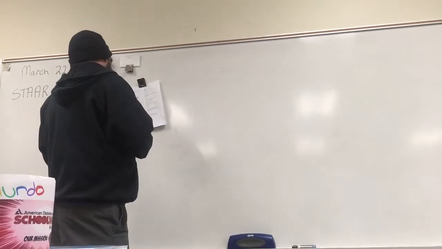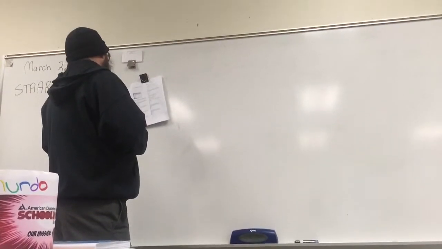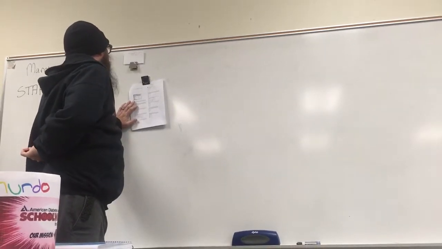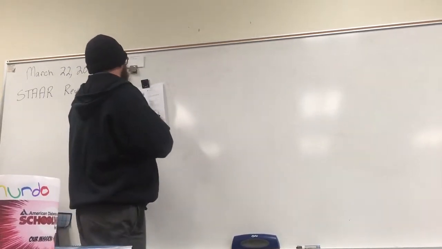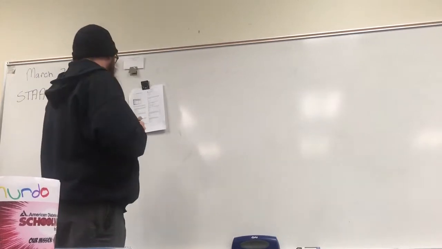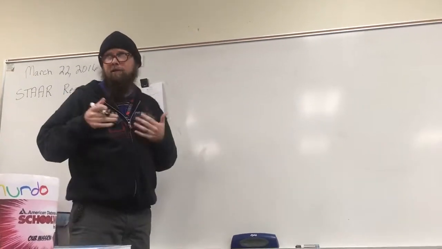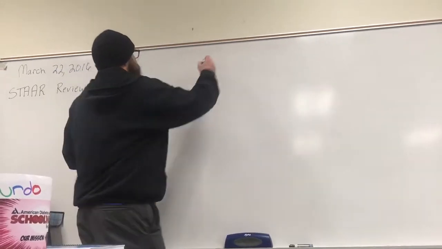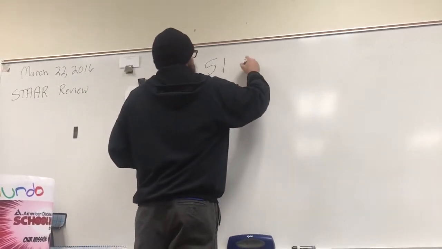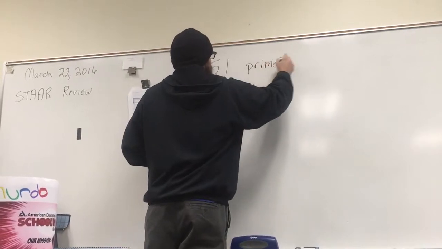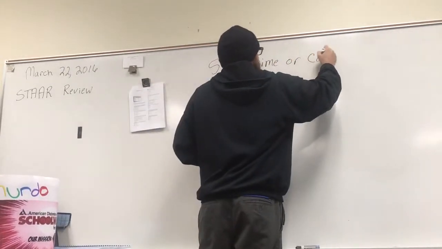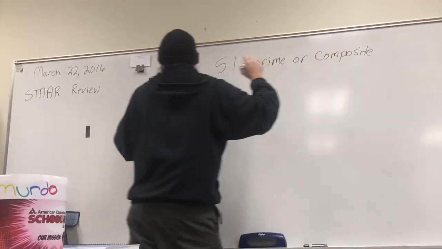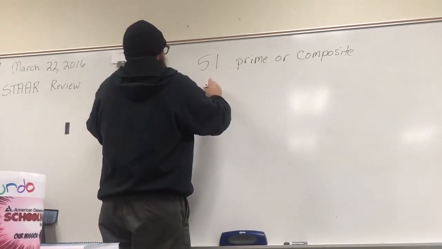All right, the next one. Let's go. All right. We're going to jump out to the top of the next column because the rest on that side are fairly simple. They're similar to what we've done. So tell whether 51 is prime or composite. 51 prime or composite.